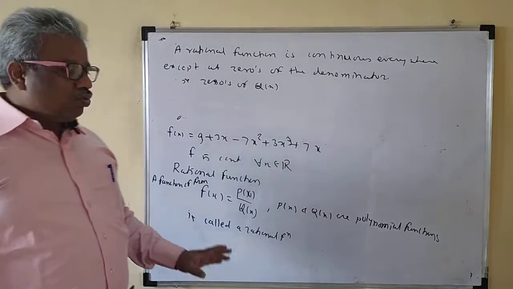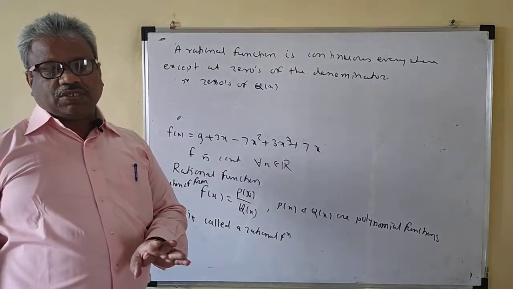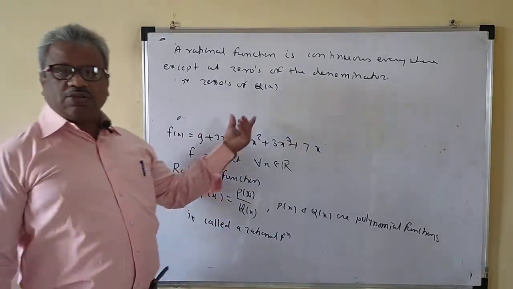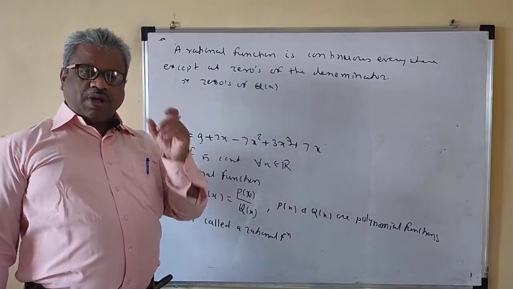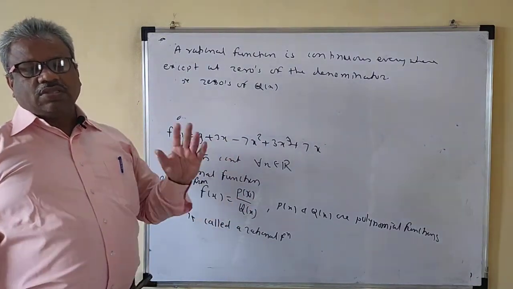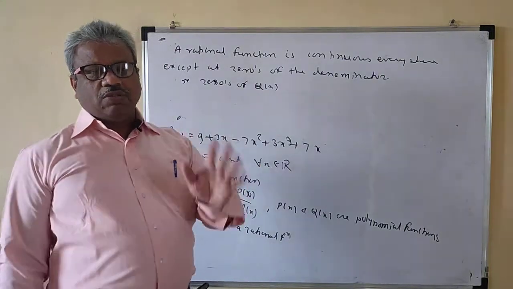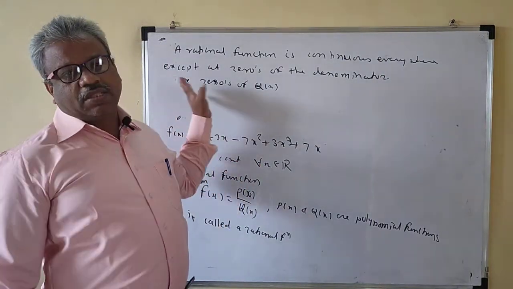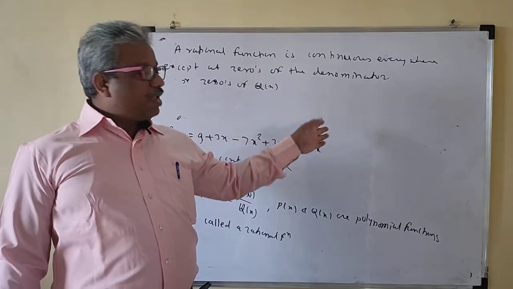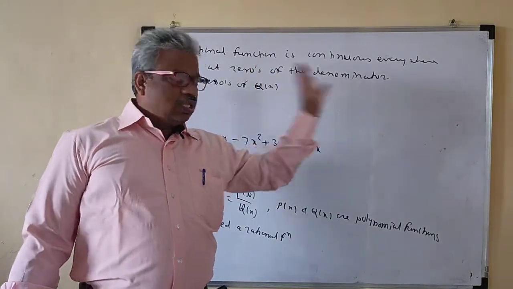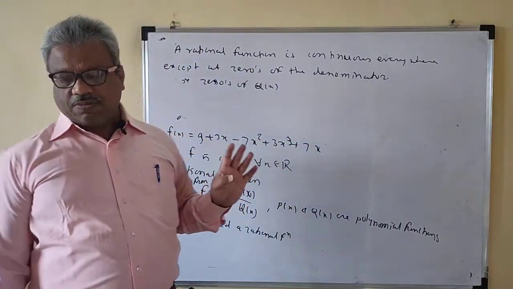So to discuss the continuity, equate the denominator to 0 and find the roots. You can say the function is continuous everywhere except at those roots. Okay, so that will be your final answer.